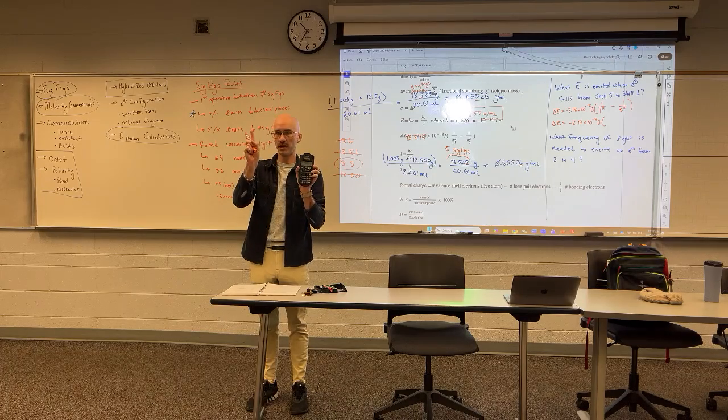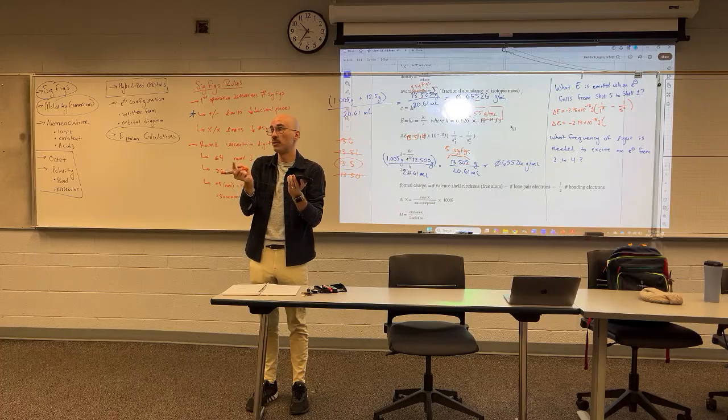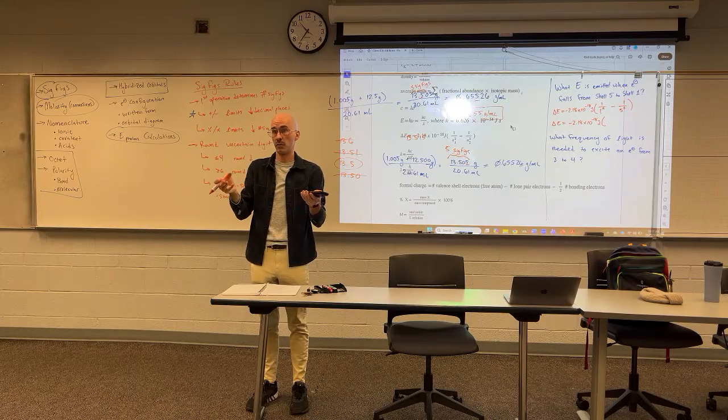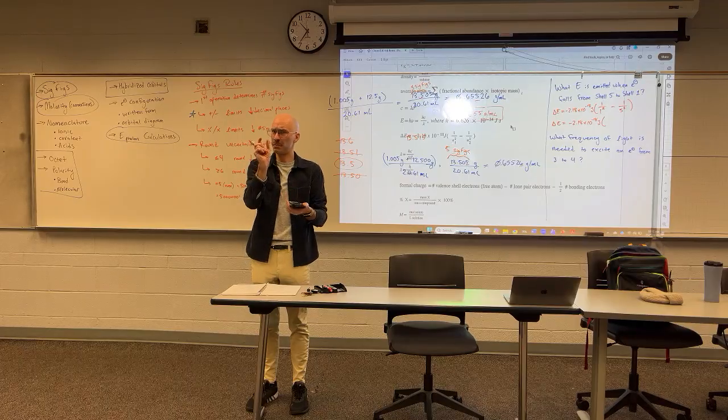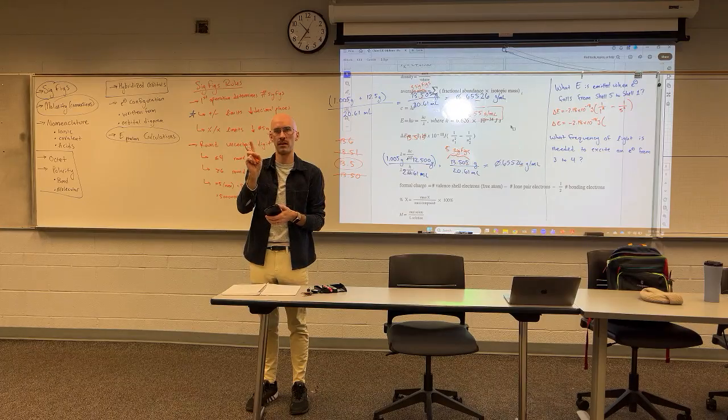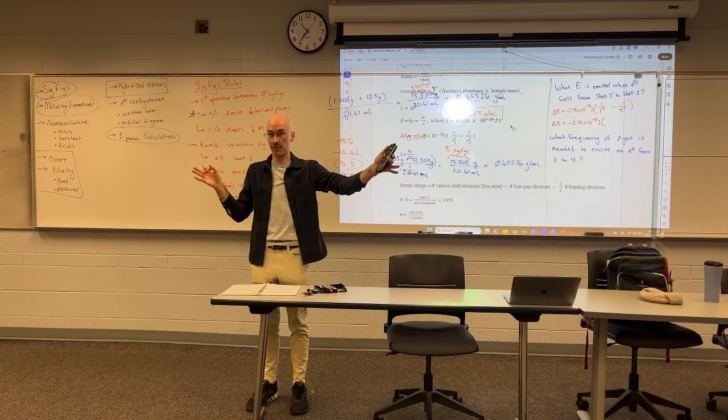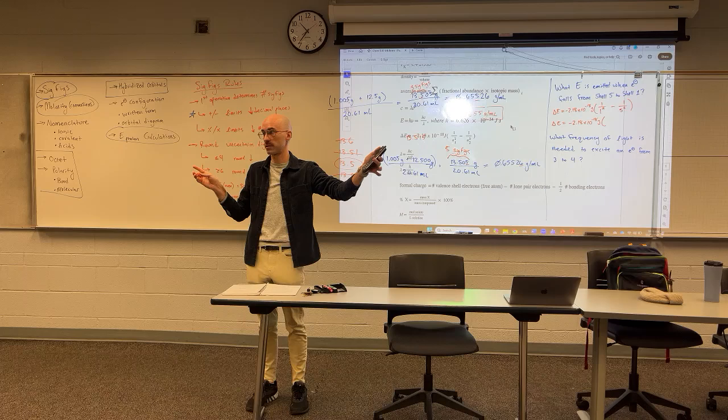Does that have one sig fig? No, I'm doing a calculation on a counted number, 5, which means I get infinite sig figs there. 1 over 25 is a counted number as well. Seems odd, right? But 0.04, we're not going to limit to one sig fig. I've got infinite sig figs because it came from counted numbers.